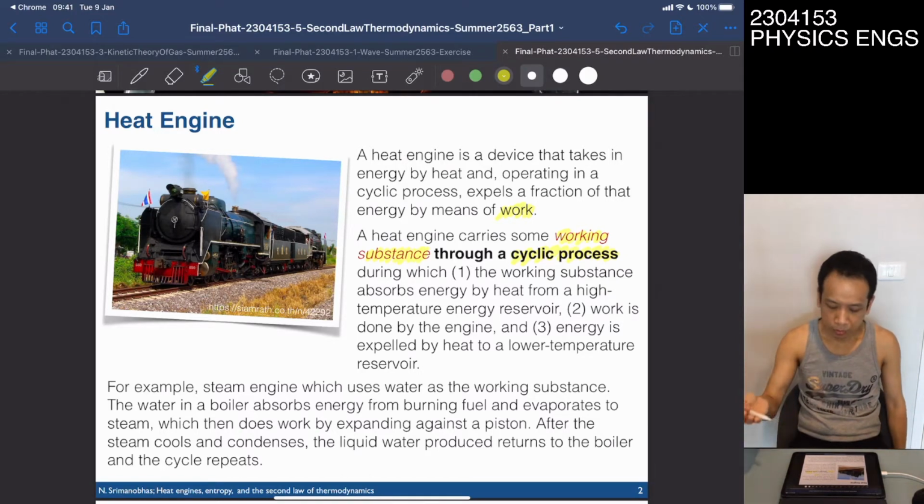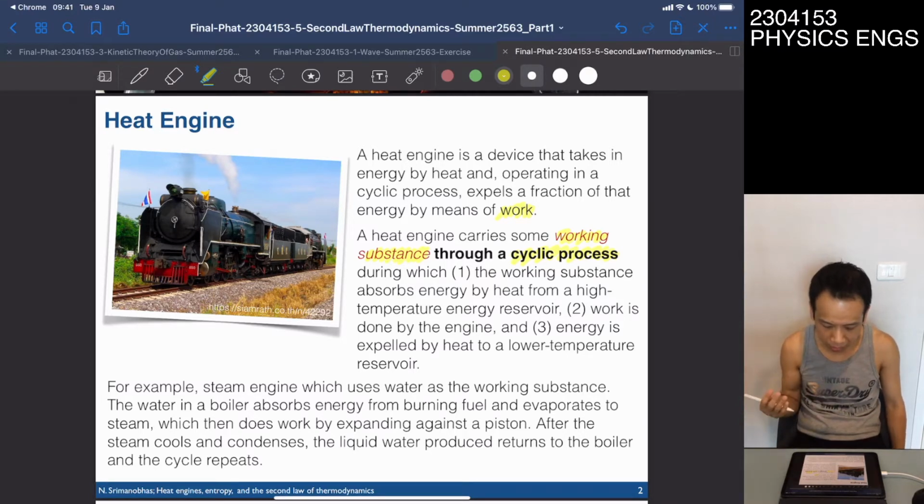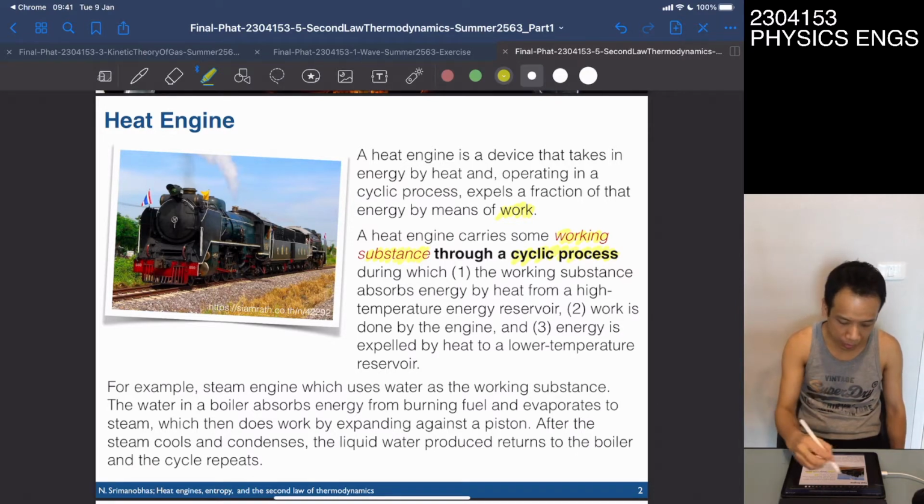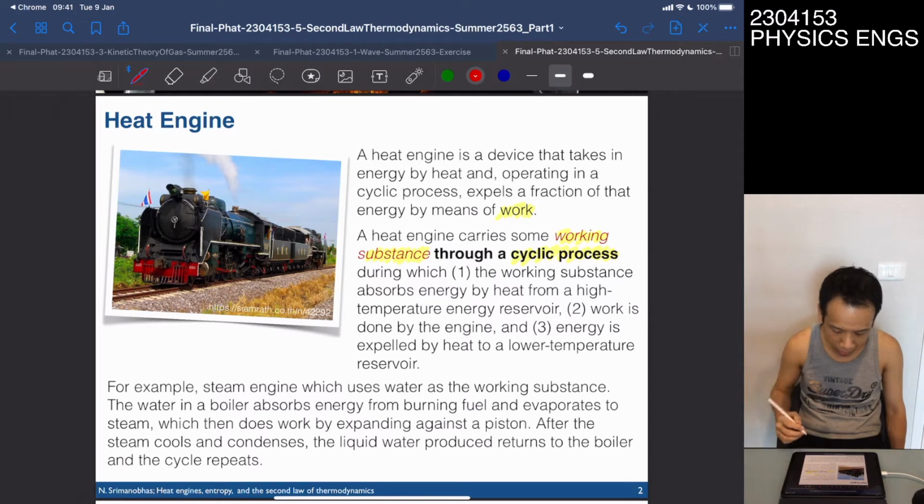What happens is that the working substance absorbs energy by heat from the high temperature energy reservoir, work is done by the engine, and finally the energy is expelled by heat to a lower temperature reservoir. An example of this is a steam engine, which uses water as a working substance, like the steam trains in the past.